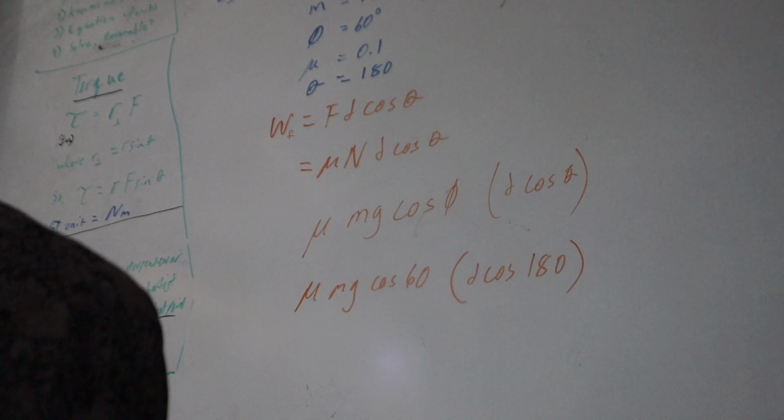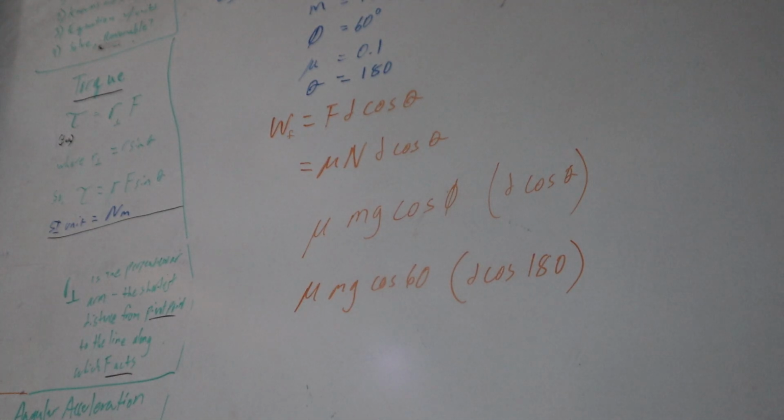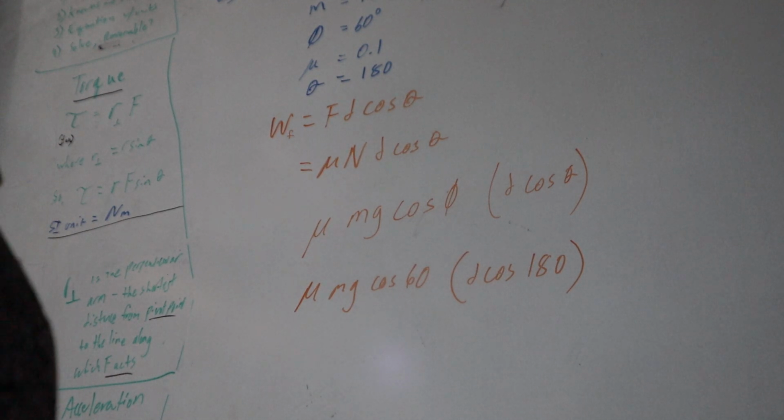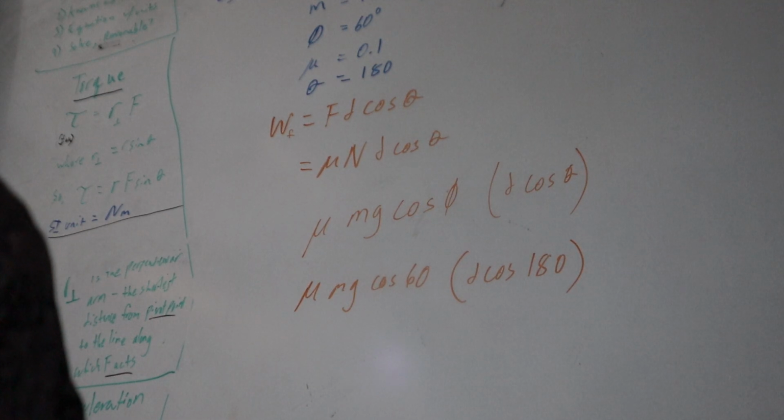Alright, so we have the work of friction. Then we have to add up. We have work of tension. So the B, how much work is done by the rope on the sled. So that's tension.